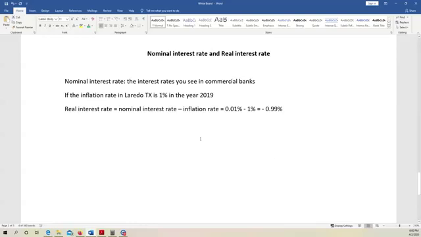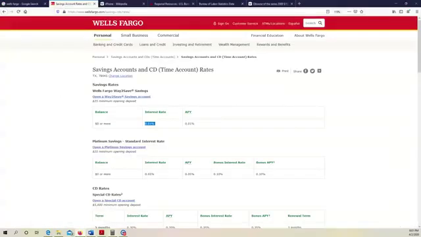So this relationship between real interest rate, nominal interest rate, and inflation rate. The interest rate you see from most commercial banks, like this number, this is another interest rate for a different, I think it's a better savings account. This one is 0.05%. All those numbers, all these interest rates, they are nominal interest rates. How to get a real interest rate?